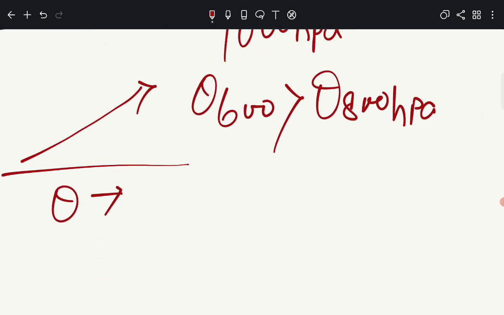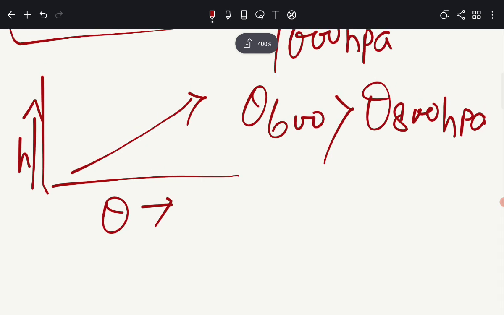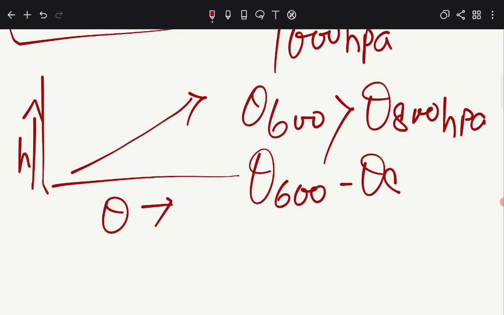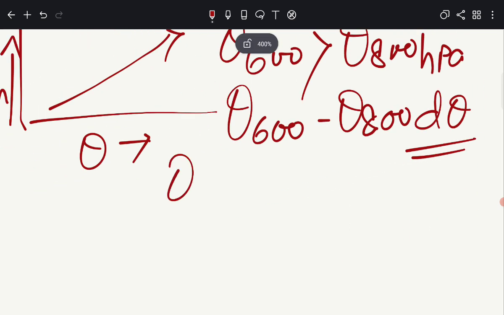In normal conditions, it is convenient to say that the difference between theta 600 and theta 800 may be considered as d theta, so d theta by dz.